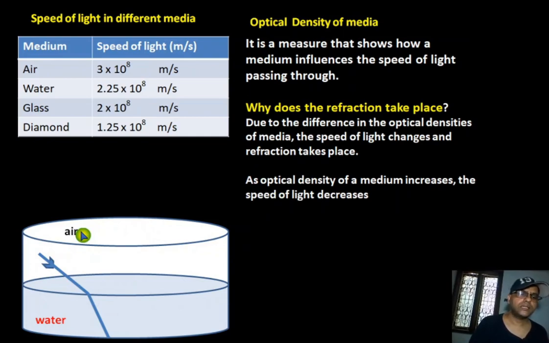Now we can see air has less optical density, light is faster in air. Water has higher optical density, light is slower in water. So as the optical density of a medium increases, the speed of light decreases.